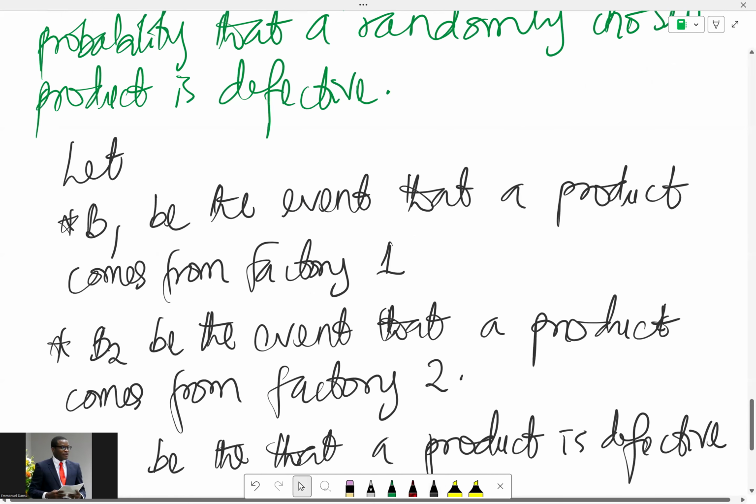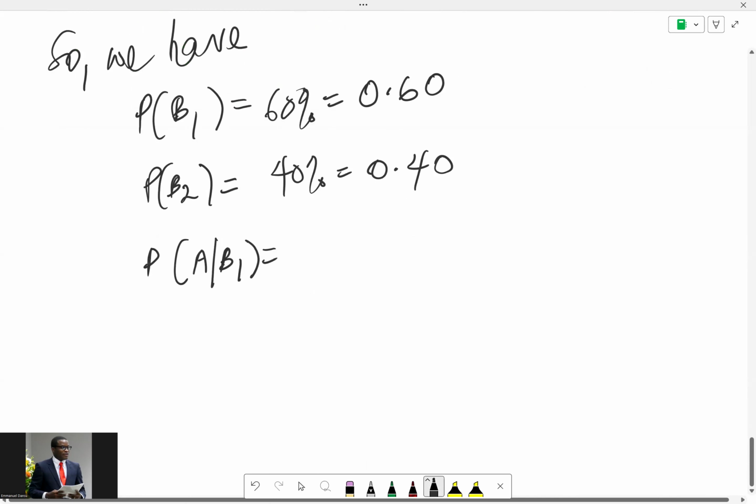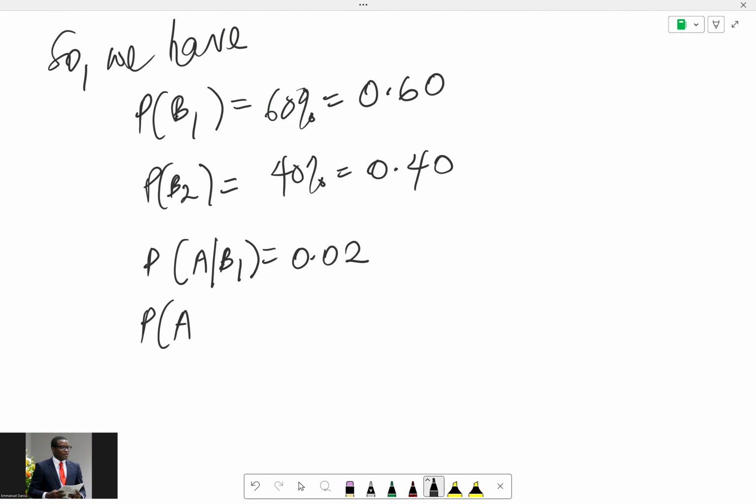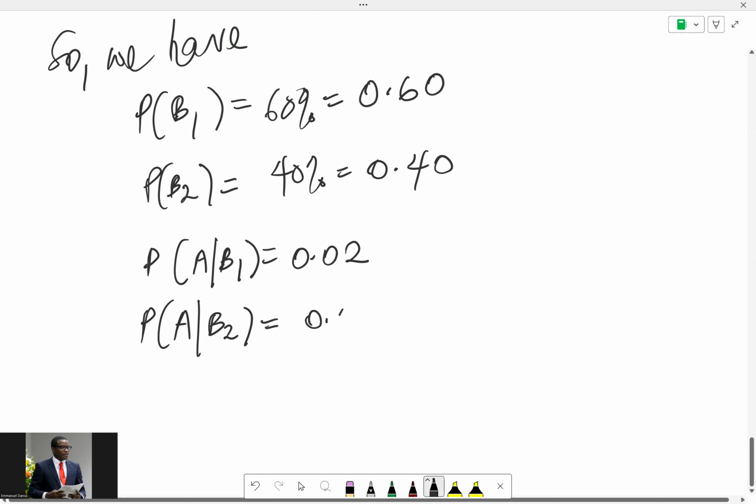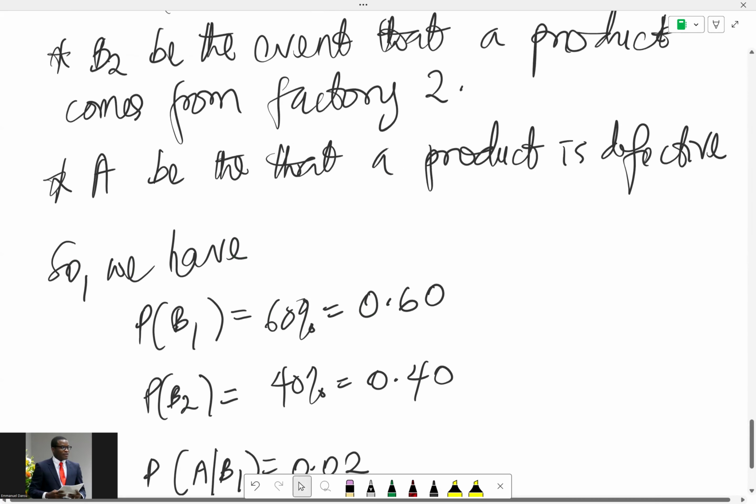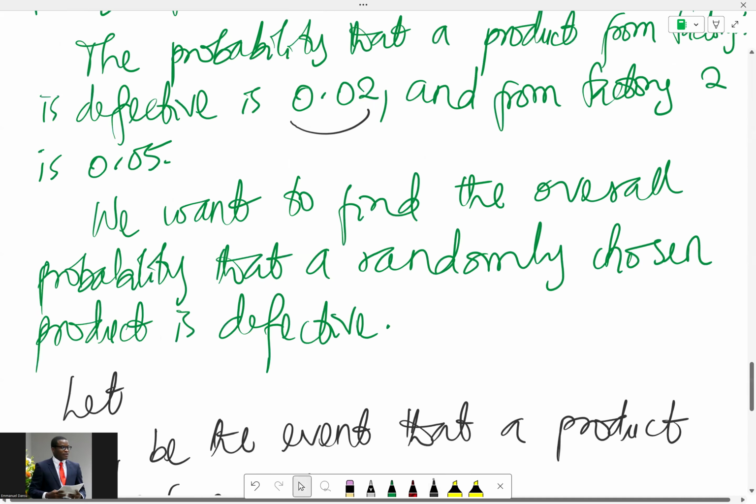Event A is whether it is defective, so probability of A given B2, the probability that a product from factory 2 is defective, is 0.05, as we have in the question.